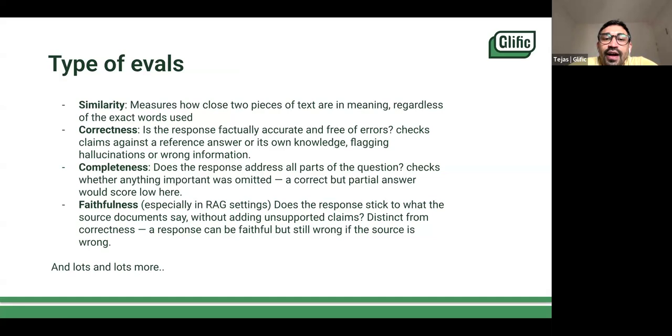We can also get a score of how correct an answer is, and by correct, we mean is it factually correct? No errors, and everything that is shared in the answer is present in some reference material. Is it complete? Does it completely answer the question of the person? Sometimes people ask two, three questions together. So is the assistant that you have created able to fully and completely answer the user?